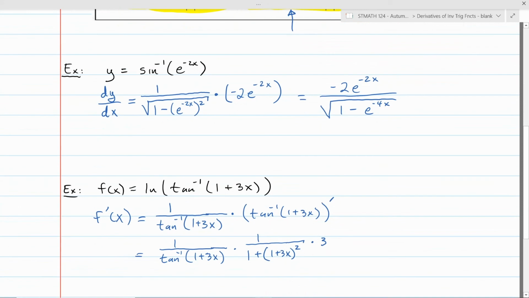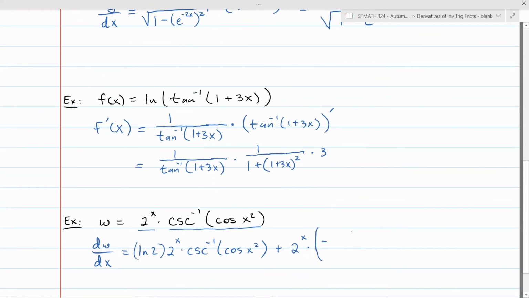So it'll look like times negative 1 over absolute value cosine x squared times the square root. Then I got to do whatever was in the inside of the cosecant function squared. So that'd be cosine squared of x squared minus 1.